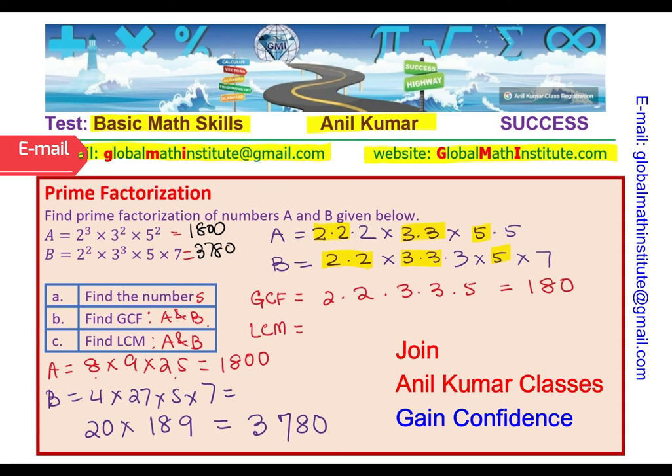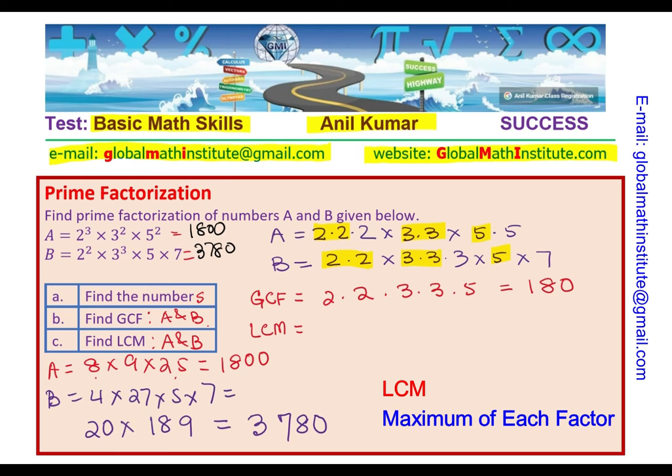Now, we have also seen how we find the greatest common factor. Amongst the prime factors, let us see which are common. Those when multiplied give you the greatest common factor. How do you find the LCM? Well, in case of LCM, lowest common multiple, you see all the prime numbers and write down the maximums.